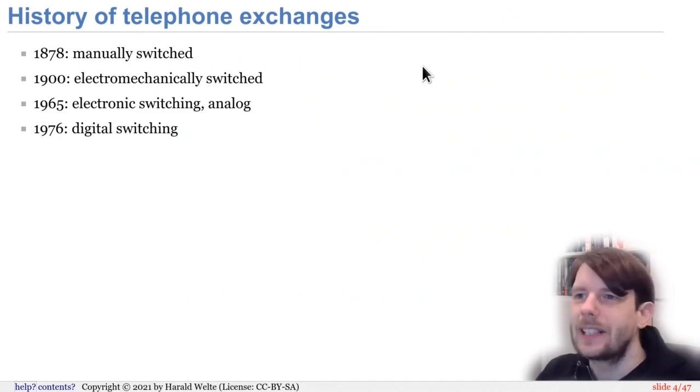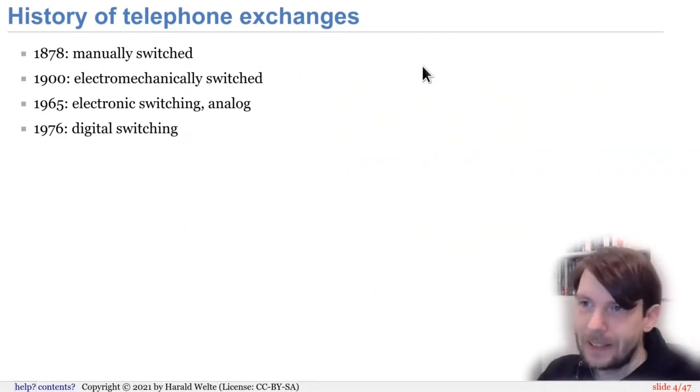Around 1900, electromechanically switched telephony was deployed. That's the famous Strowger switches, and in German, the Hebdrehwähler. Later on, we had other electromechanical relay-based switching technologies.